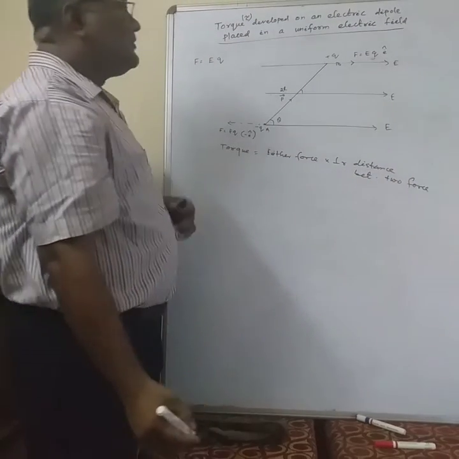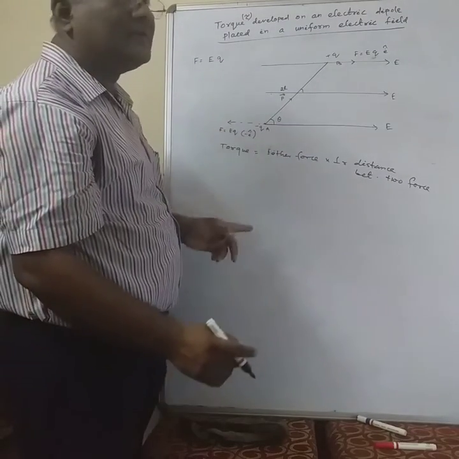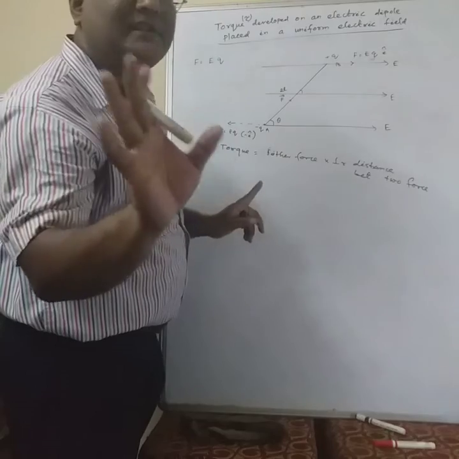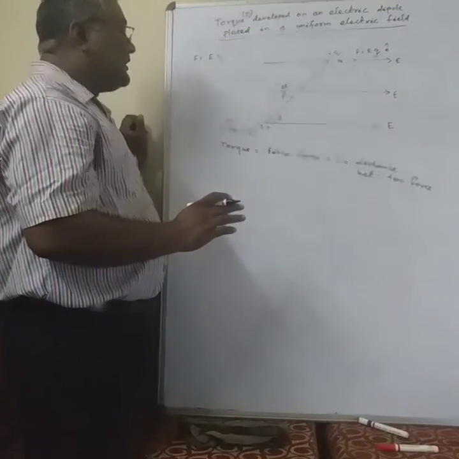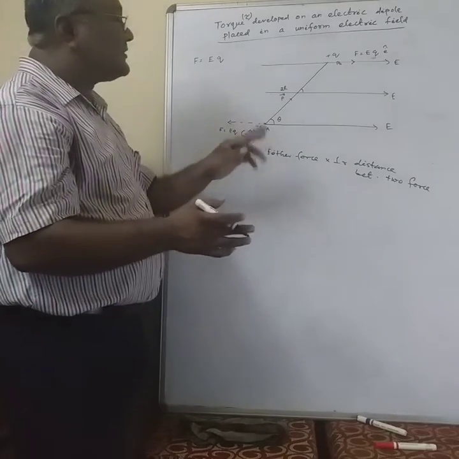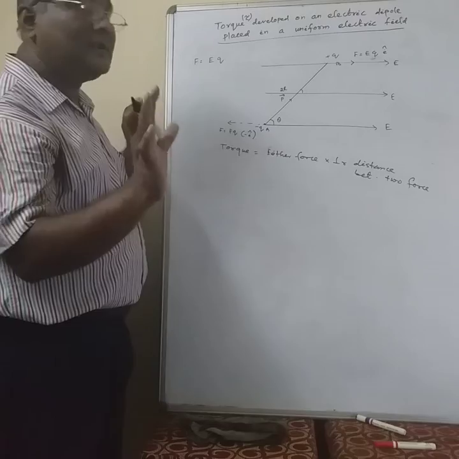One thing you remember, the net force acting on the system or on the body is zero because they are equal in magnitude and opposite in direction. So net translational force is zero. But the net rotational effect is there because they act on two different lines of action and their magnitudes are equal and opposite.